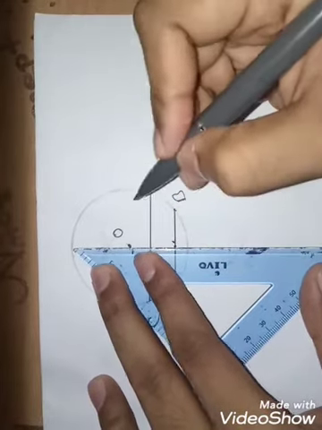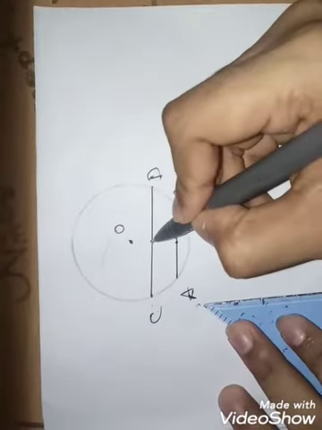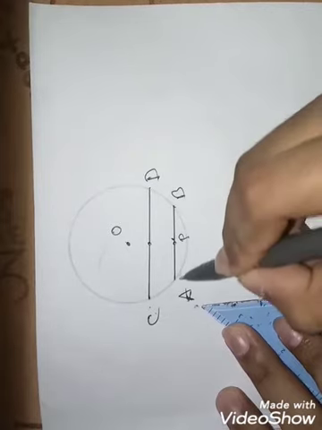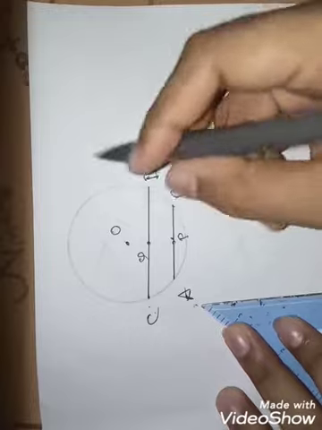So this one is the midpoint of AB, and this one is the midpoint of CD. Let's name this one P, the midpoint of AB, and this one Q, the midpoint of CD.